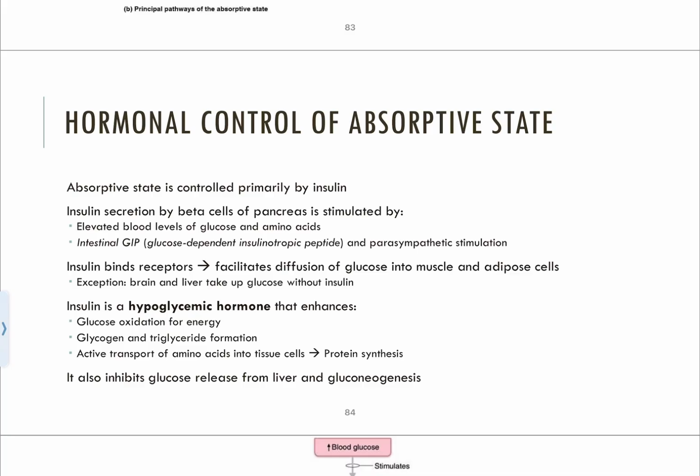So insulin is also referred to as a hypoglycemic hormone. It's going to take glucose out of the blood and put it into tissues, ultimately lowering blood glucose levels. It's also going to help enhance glucose oxidation and storage while inhibiting other processes that might increase blood glucose levels.